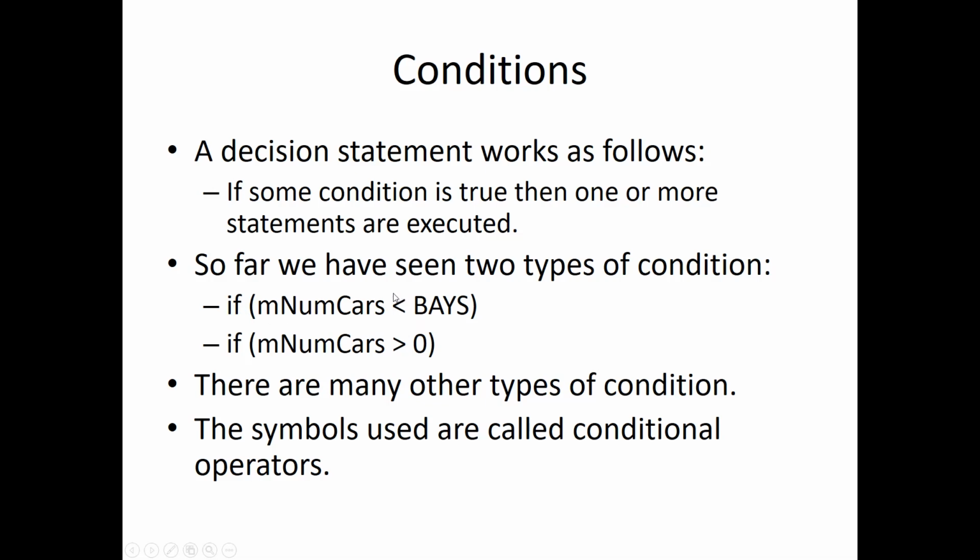The first one uses a less than, so if the number of cars is less than the maximum number of bays available, and the other one was if the number of cars is greater than 0. In both cases they will produce either a true or a false statement. There are lots of different types of condition, but there are also lots of other conditional operators that you probably already know, some that you might not know.